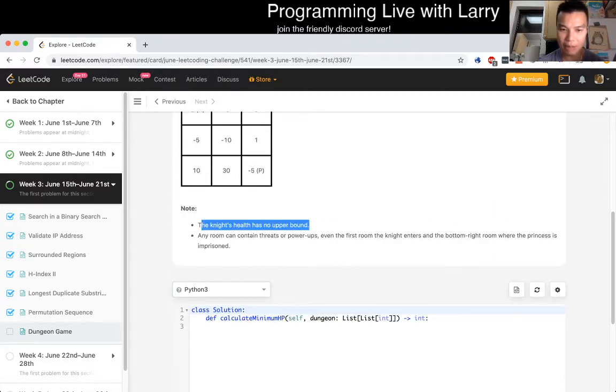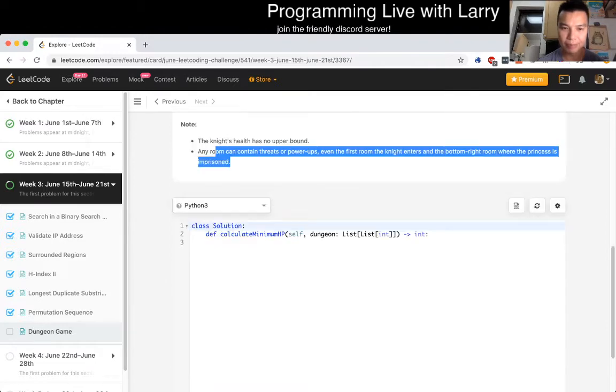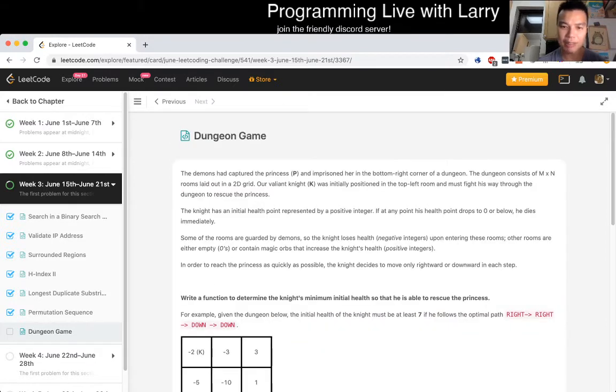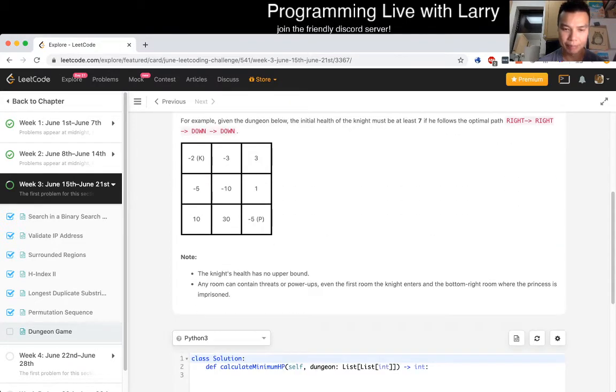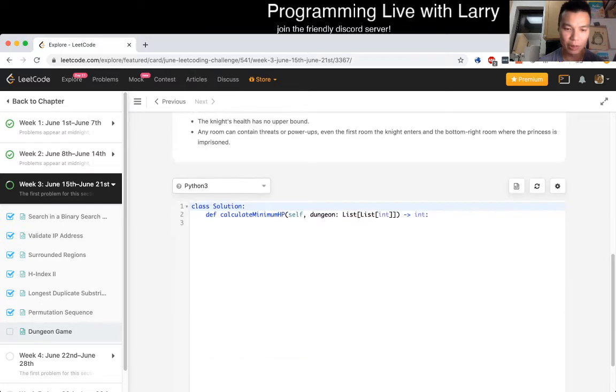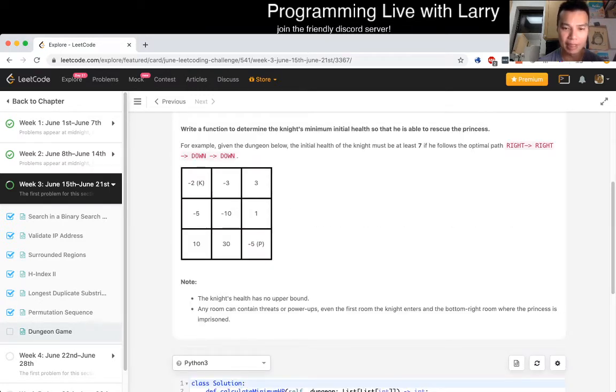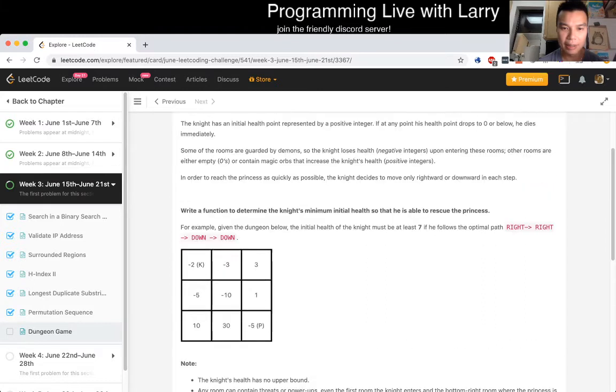There's no upper bound, and rooms can contain power-ups. I think one thing to think about is that there are no constraints on the problem, which is a little bit tricky. But there are a couple of ways to think about this problem.